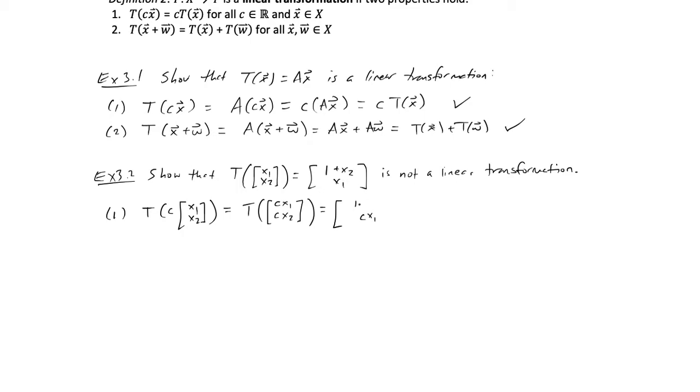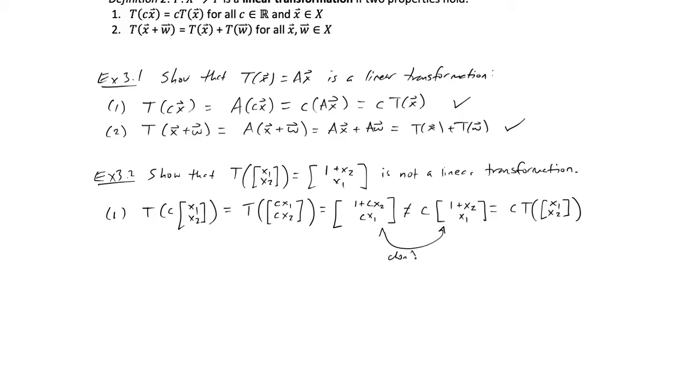And now you see that there's a problem here because we can't factor the c out. There's no way to factor the c. It's not equal to c times (1 plus x2, x1), which is c times the transformation of (x1, x2). So these two things don't equal each other.